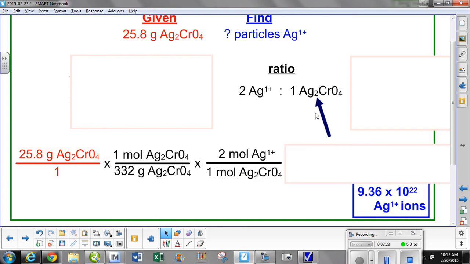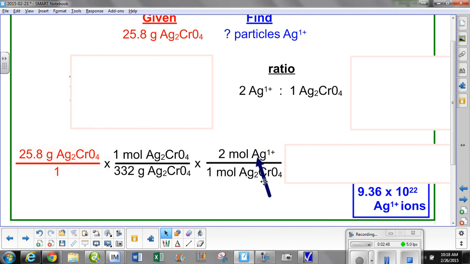Because if I multiply both sides of the ratio here by the same thing, which in this case is moles, that will give me the mole ratio for silver chromate molecules to the numbers of silver ions that will come from each.